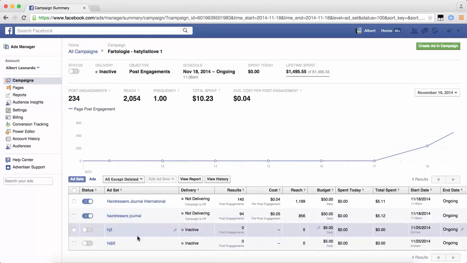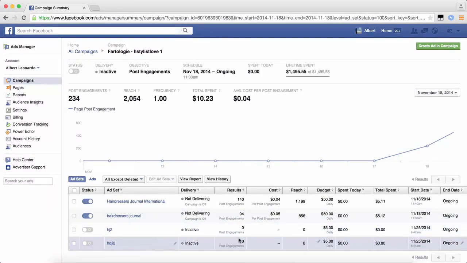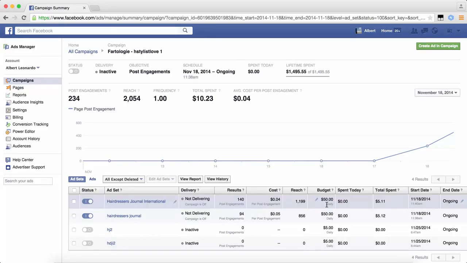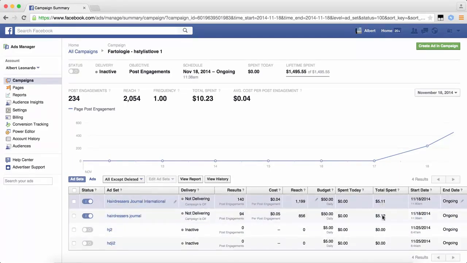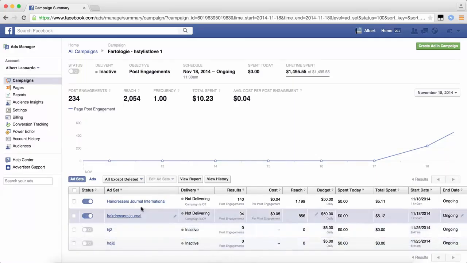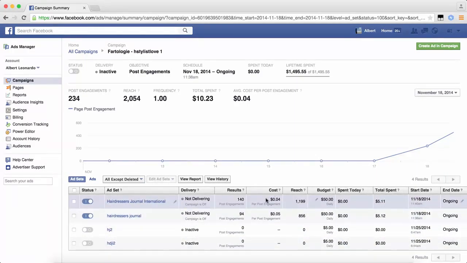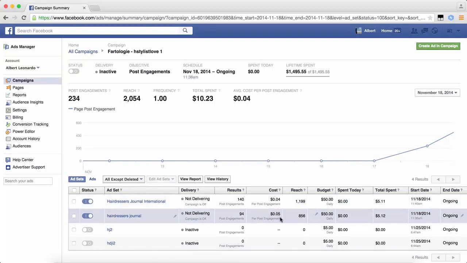I don't know why Facebook doesn't want to run these 2 interests. I set each $5 for these 4 ad sets, and the cost per engagement is 4 cents and 5 cents, which is very good.